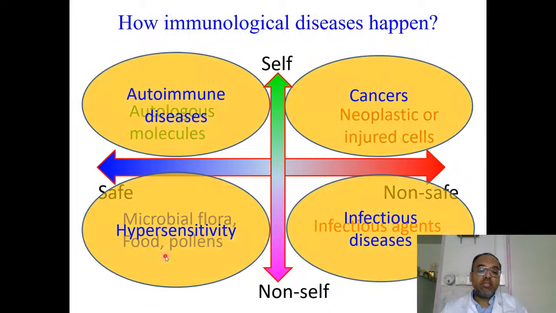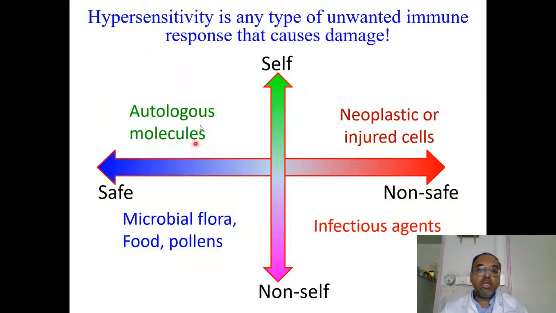However, hypersensitivity has also a broader meaning. The broader meaning for hypersensitivity is any type of unwanted immune response that causes damage. This is hypersensitivity in the broader sense. This is hypersensitivity in a generalized form. Any type of unwanted immune response that causes damage.